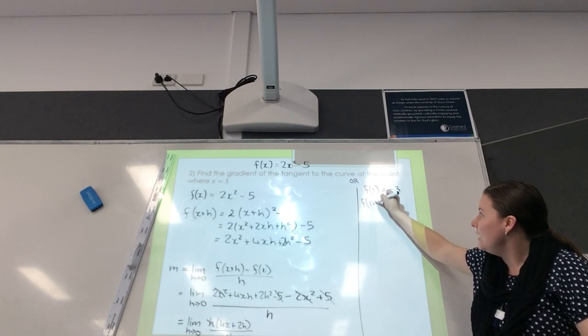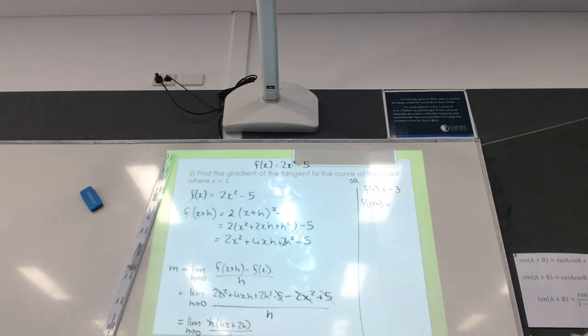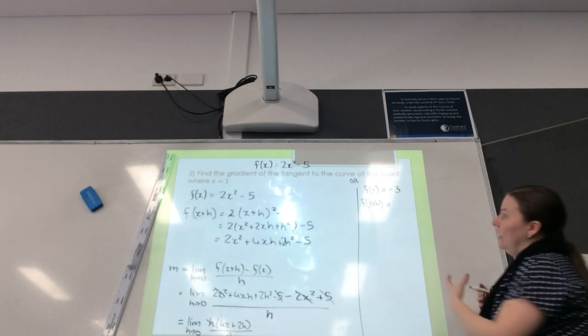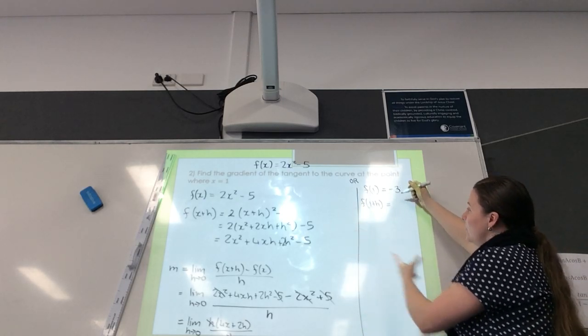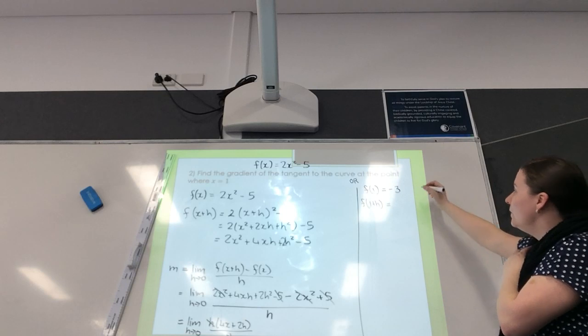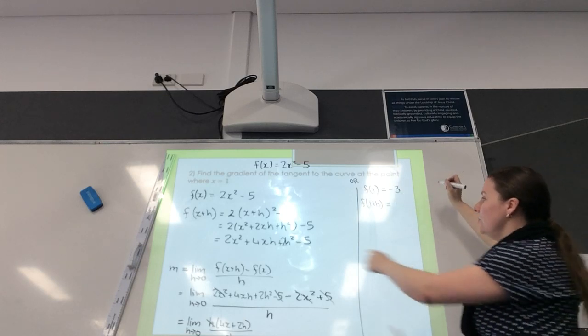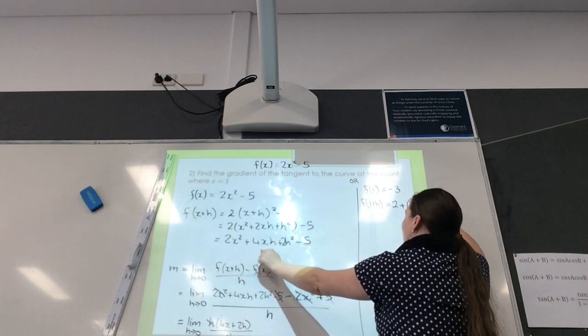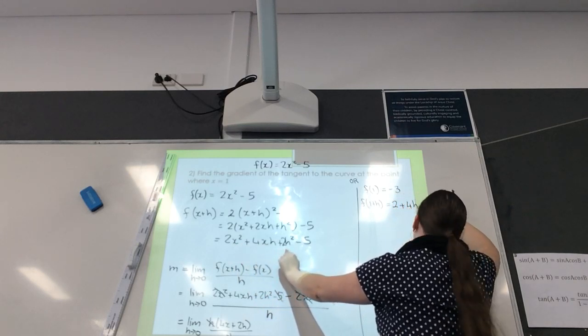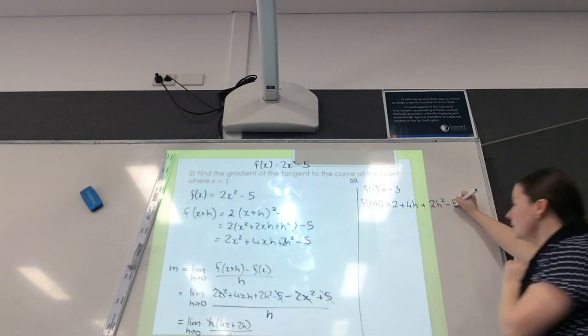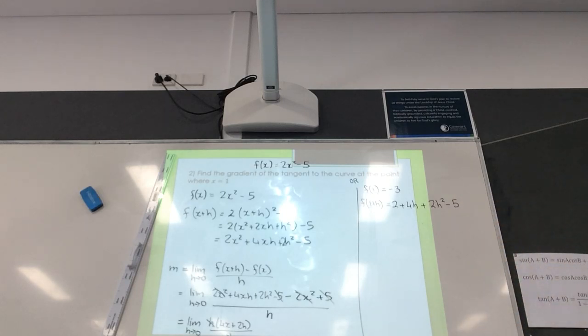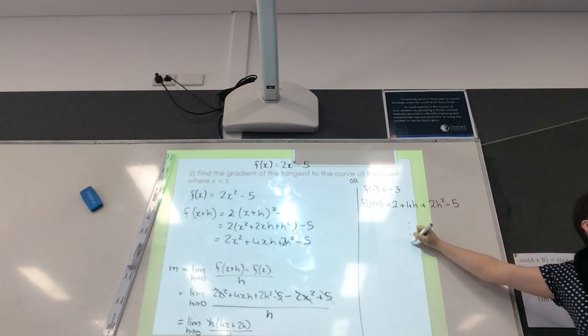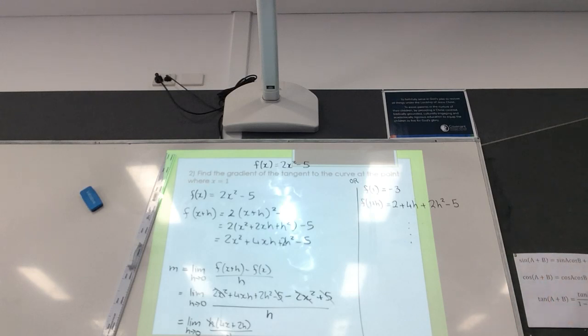F of 1 plus h, we'll have to expand this, so there's still a bit of work involved, right? So I'll replace all my x's with 1s. Okay, so maybe then I can sub into the formula. Maybe it was a little bit simpler.